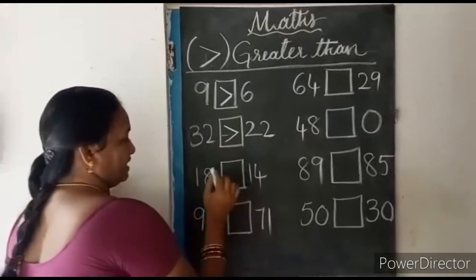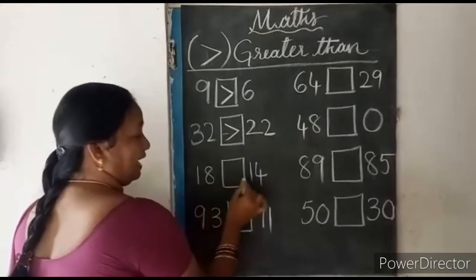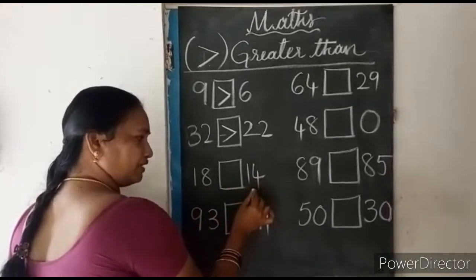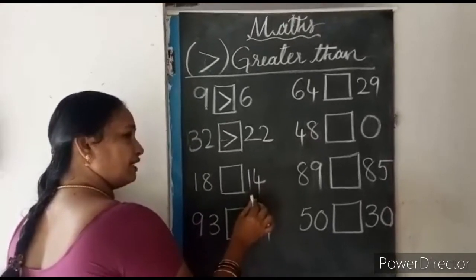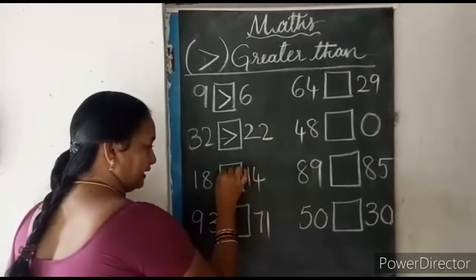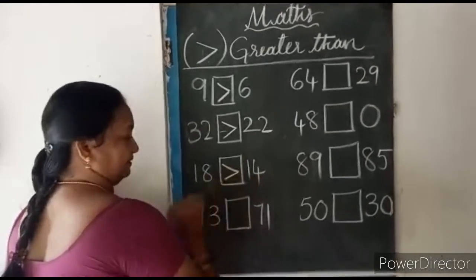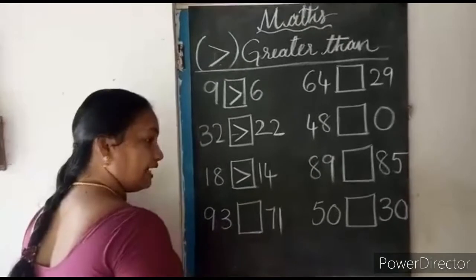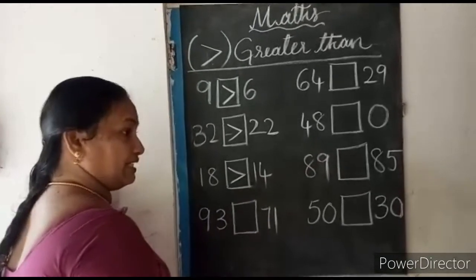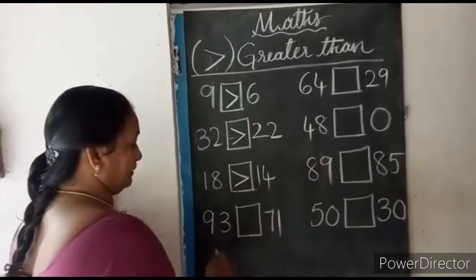Okay, children. So, now is 18 smaller than 14 or greater than 14? It is greater than 14, because after 14 only, the 18 comes. That means 18 is greater than 14.